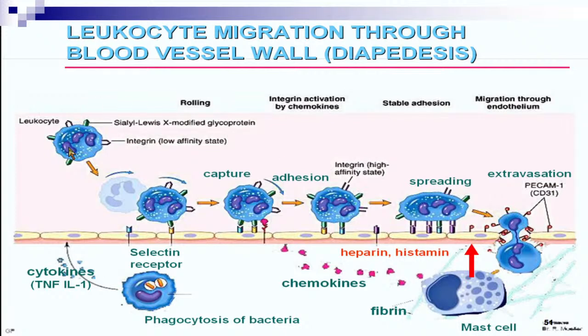The neutrophils sense these chemical substances, chemokines, and start firstly with rolling, after that integrin activation, adhesion, capture, and adhesion, after that binding with integrins, spreading, and after that extravasation begins. After the migration into the tissue, phagocytosis of bacteria takes place with the special cytokines TNF and interleukin-1.